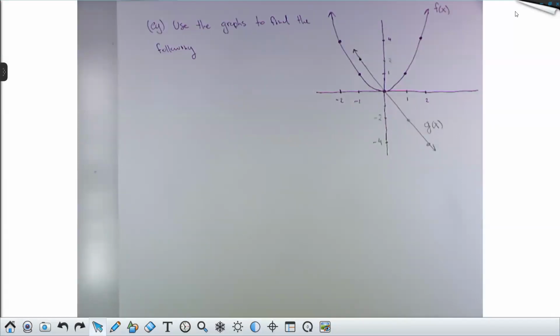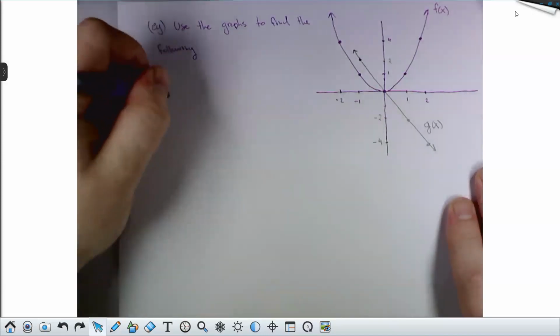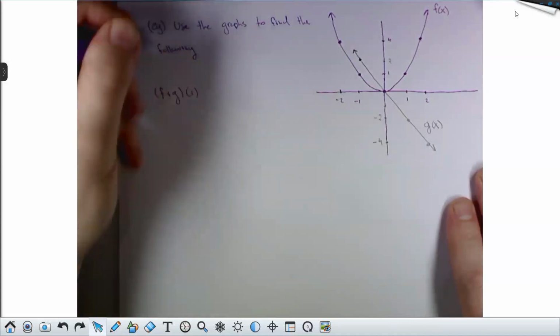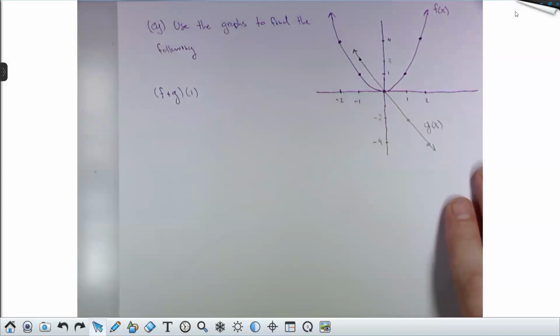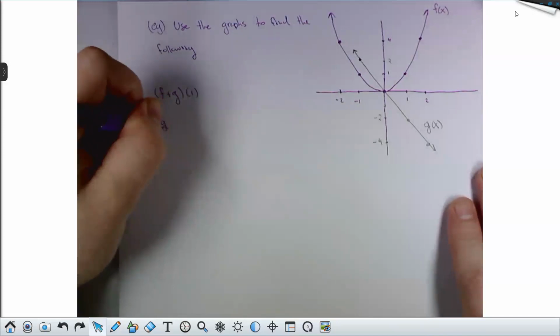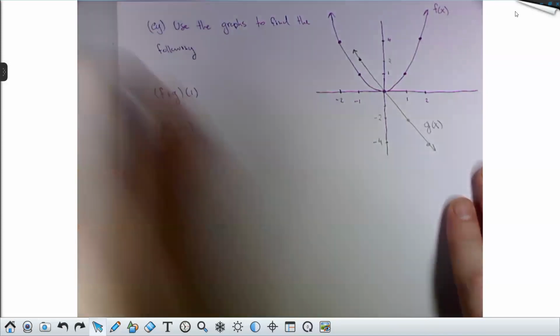So let's find, if we can, f plus g of 1. And how about g over f of -1?